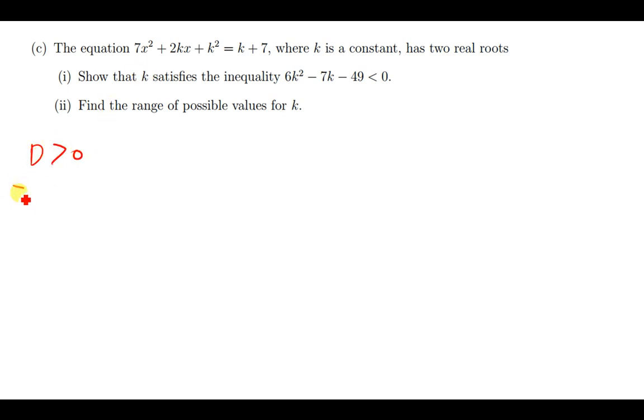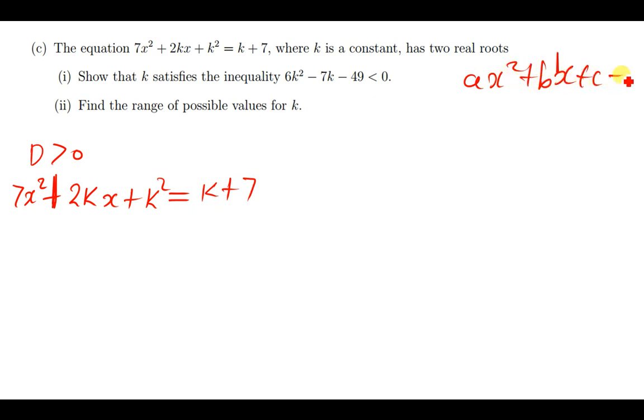So we write this equation 7x squared plus 2kx plus k squared is equal to k plus 7. We rearrange this to the format of a quadratic equation, which is just ax squared plus bx plus c is equal to 0.